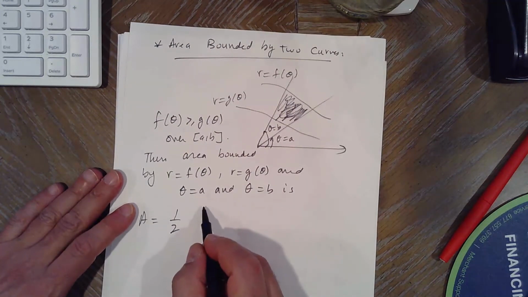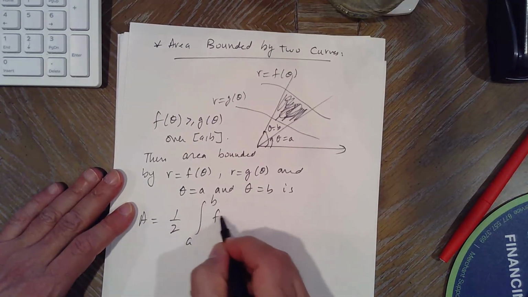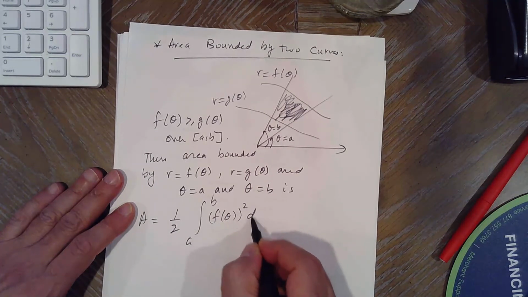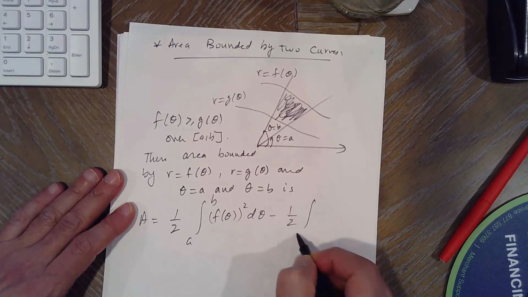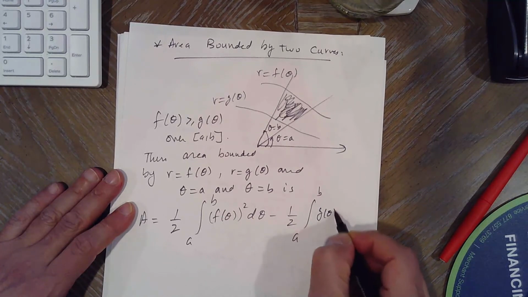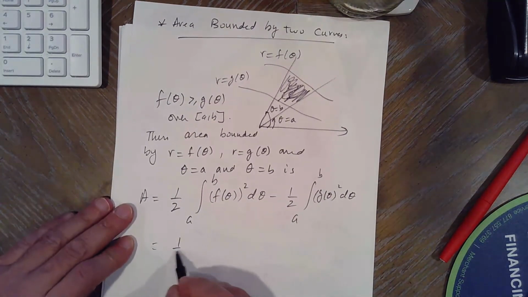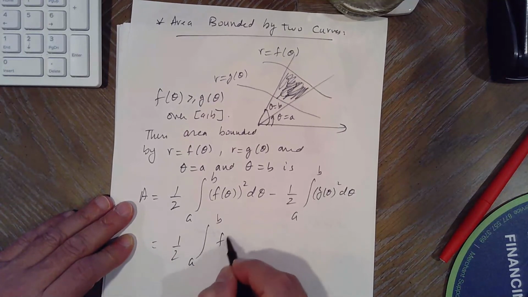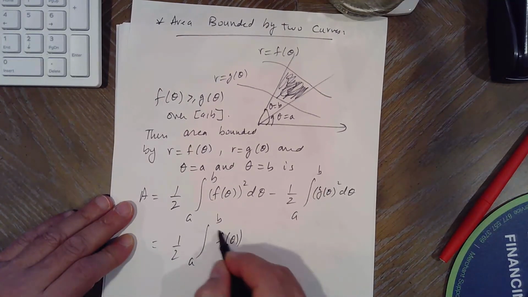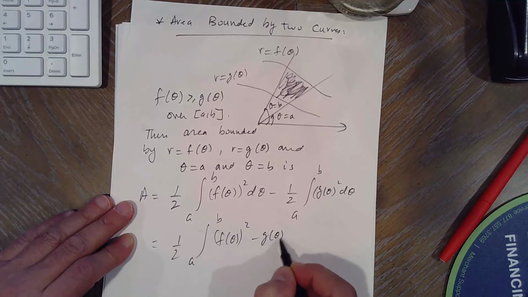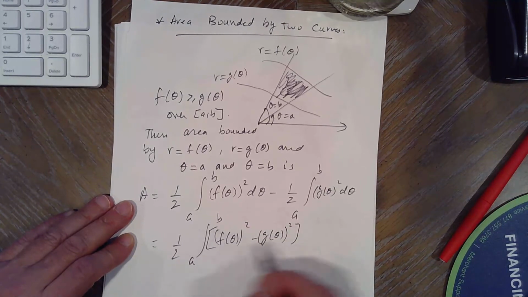It's 1/2 integral from a to b of f of theta squared d theta minus 1/2 integral of g of theta squared d theta, which we can write as 1/2 integral a to b of f of theta squared minus g of theta squared d theta.